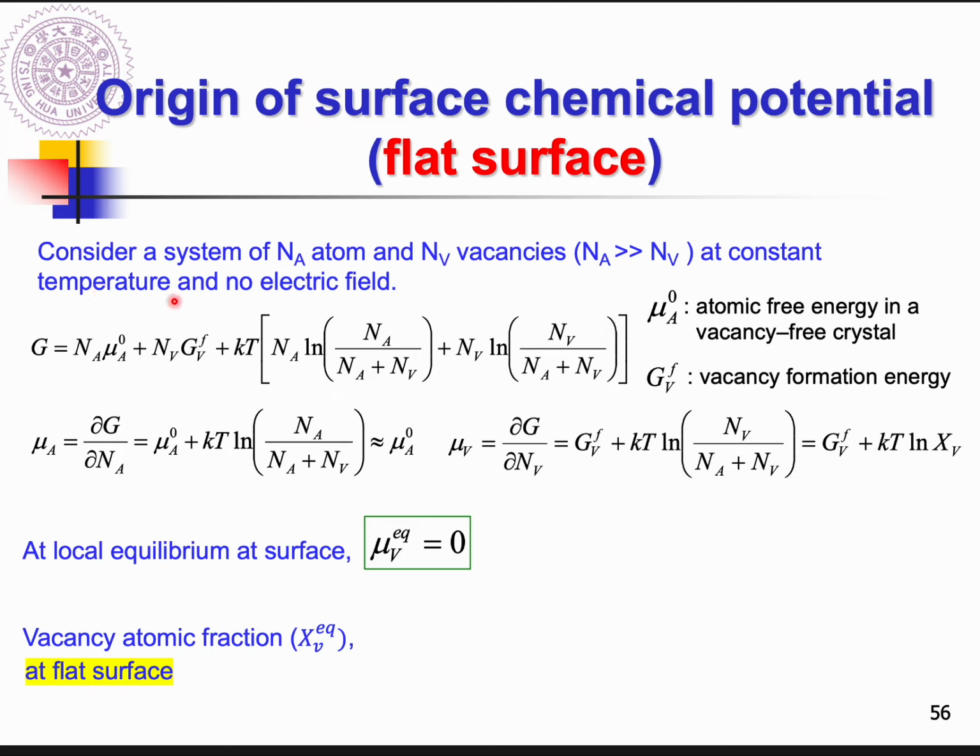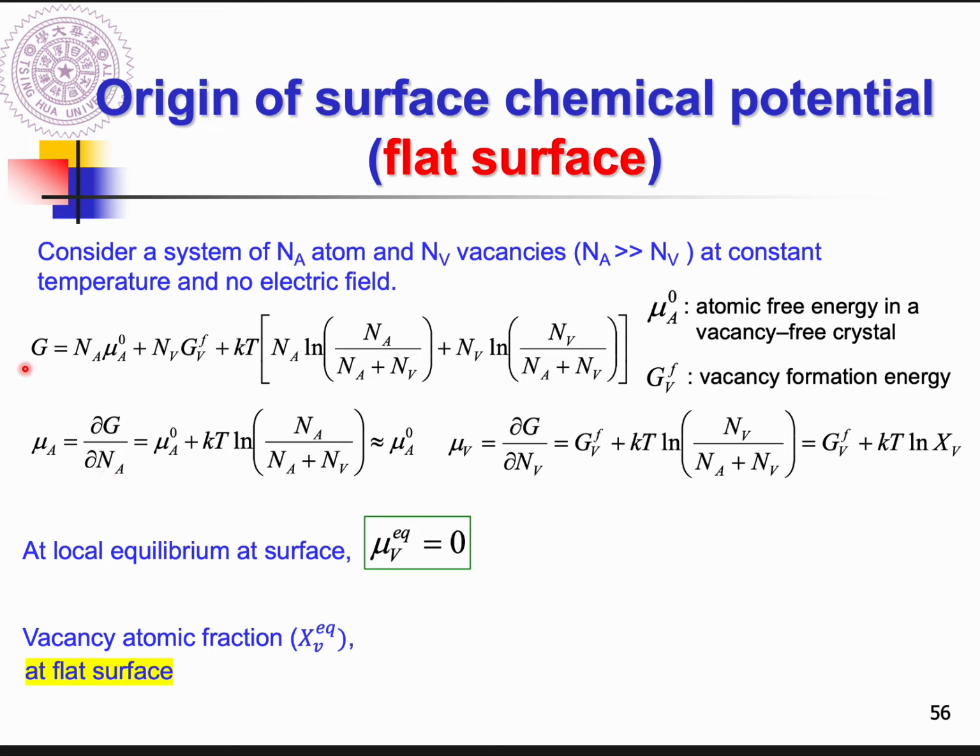Constant temperature implies that there's no thermal migration, and no electrical field implies that there's no electron migration in this system. So the purpose here is to show you how to get the surface chemical potential of atom A. Based on the definition, you need to know the total Gibbs free energy. Then you take the first derivative with respect to Na, then you get mu A, right?